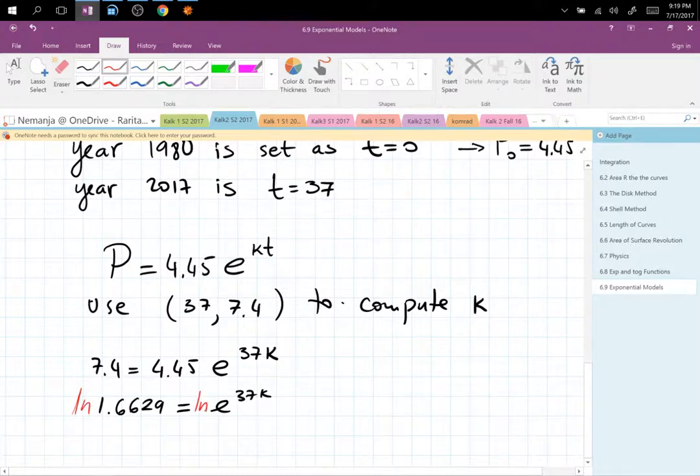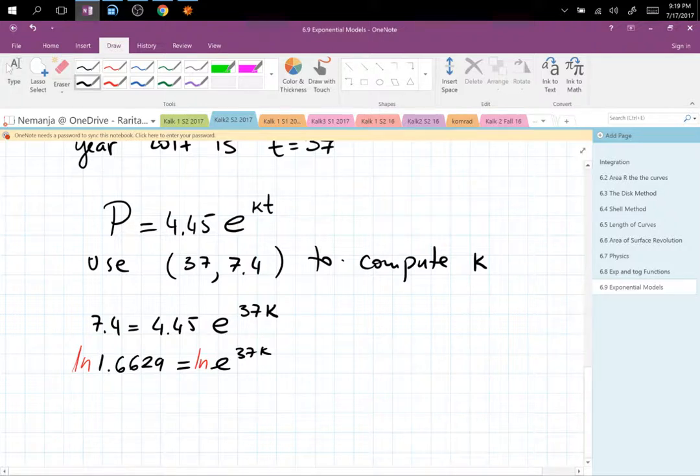So you will take the ln of the value on the left, and when I do the ln over here, I actually get 0.5086 is equal to 37K, and from there divided by 37, you get that the K is 0.013745.